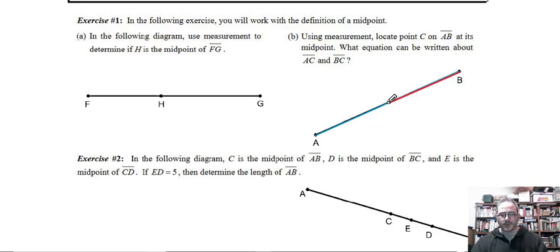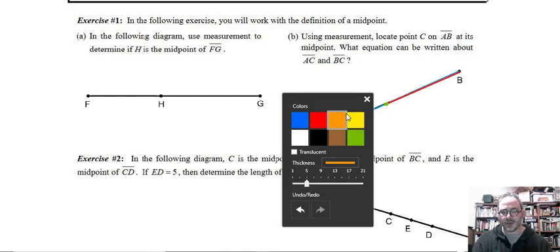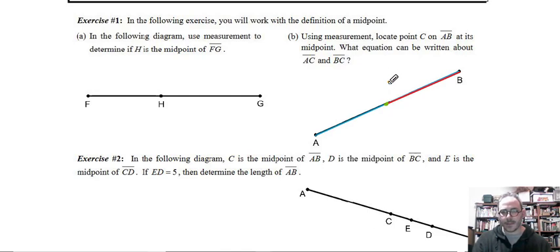There's the midpoint right there, halfway in between A and B. We can call this point C. Let me try to label that point C. Oh, all right, I'll pick that color. That's point C. Again, sorry, I'm still struggling with the drawing pad and using this pen.